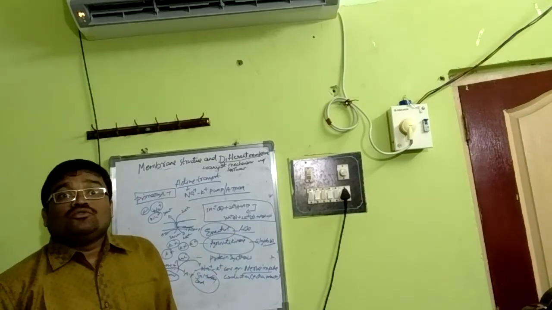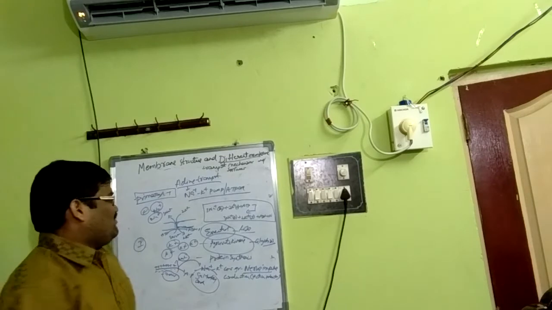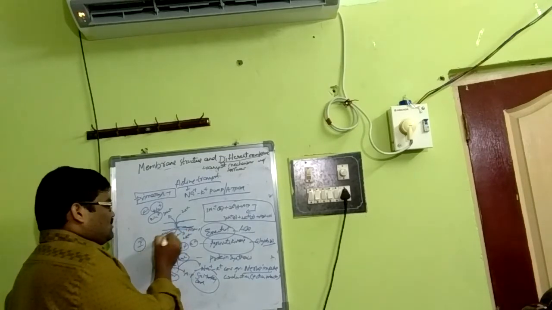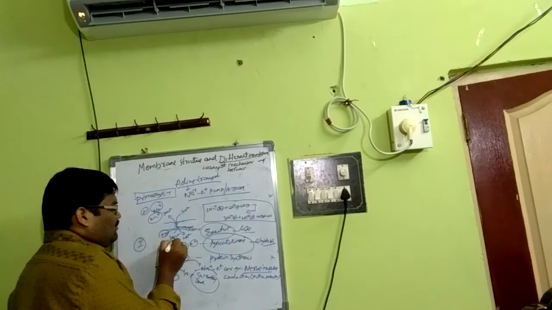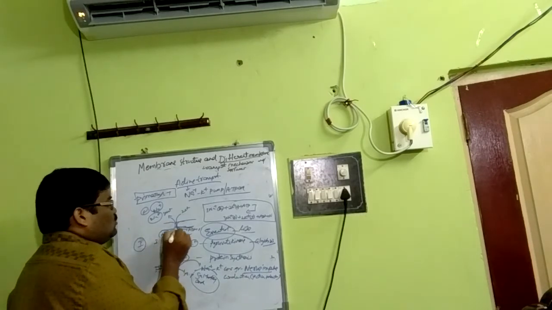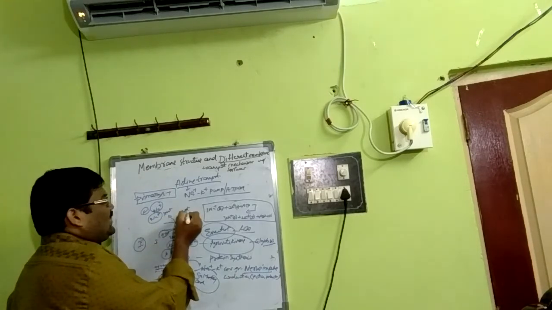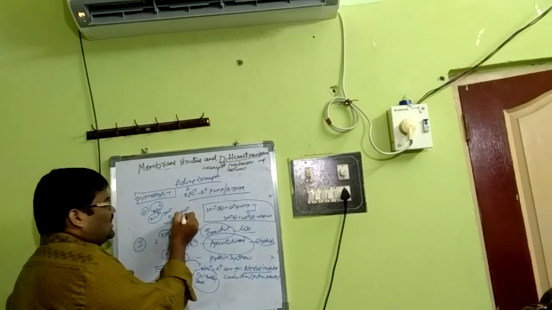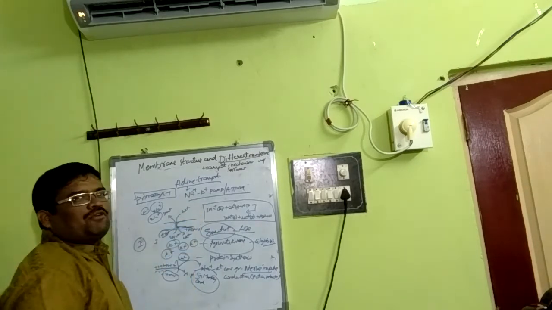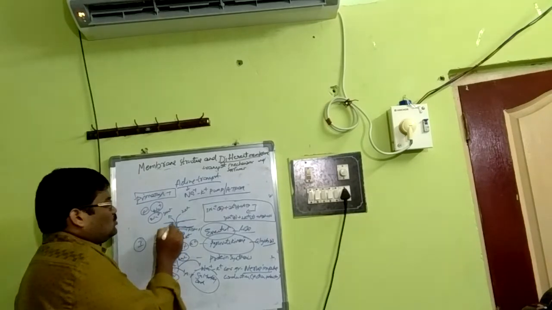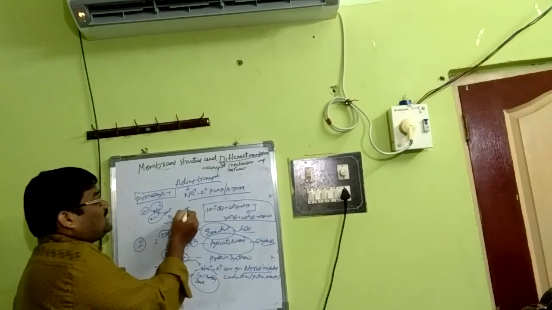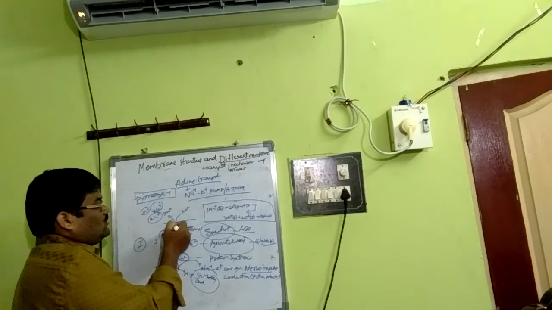Who will facilitate that? The sodium potassium pump. How? This sodium potassium pump, which is ATP driven, will remove 3 sodium from inside the cell to outside, and will take in 2 potassium from outside the cell to inside. It's a technical example of co-transport.